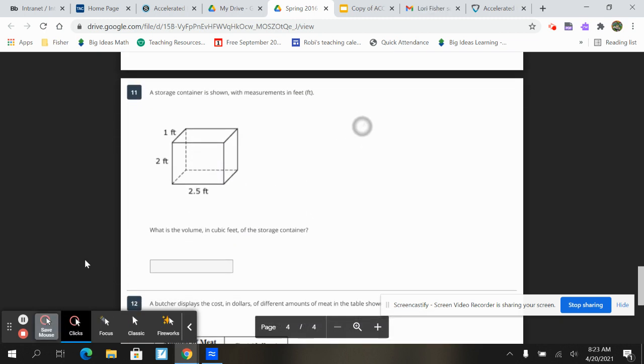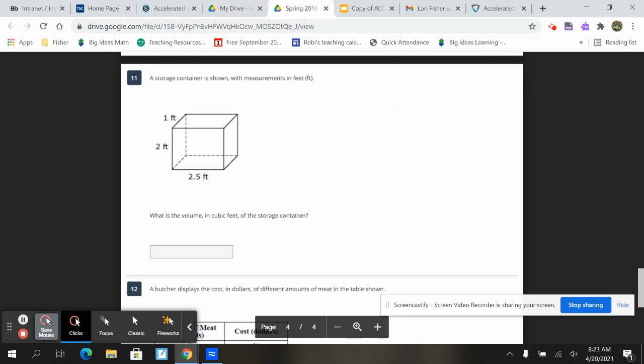All right, number 11. This was the end of chapter 7. Storage container is shown. The measurements are in feet. What is the volume in cubic feet of the storage area? What are you going to do to those three numbers? Okay, I'm just going to multiply them together.